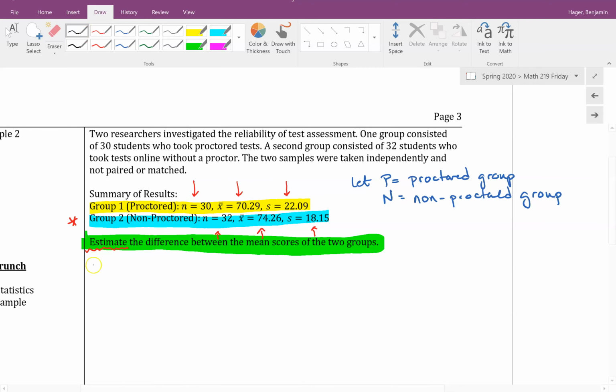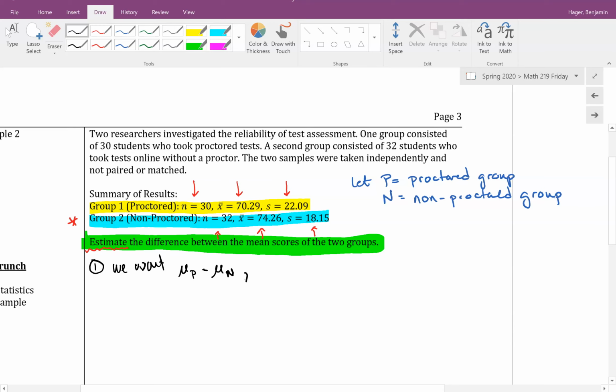So let's quickly run through these steps. Step 1 is state exactly what you're looking for, and because it's a confidence interval, what's the level of confidence I want? We want the mean of the proctored group minus the mean of the non-proctored group, or you could do it the other way around. It really doesn't matter.